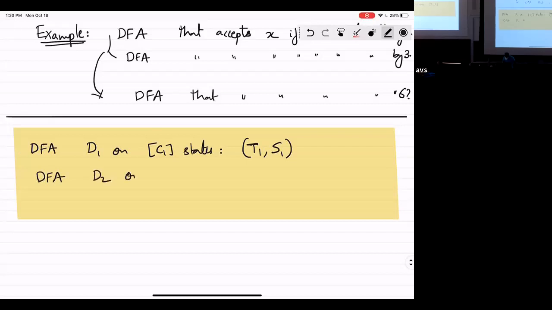And I have a DFA D2 on C2 states, which has transition diagram T2 and states S2. Okay. And what's my goal?